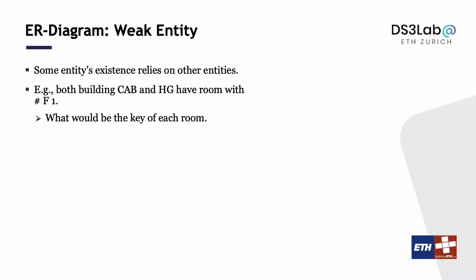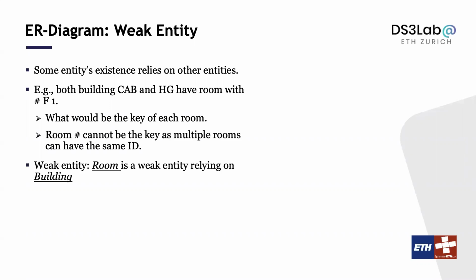So the key of a room has to be the combination of the building ID and the room number. That can uniquely identify a room. However, if you just use that combination, you're actually storing additional information, because when I store the building information, I already have that. Then how can we model it?